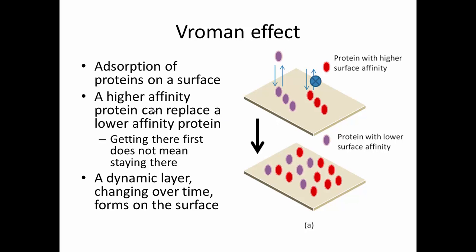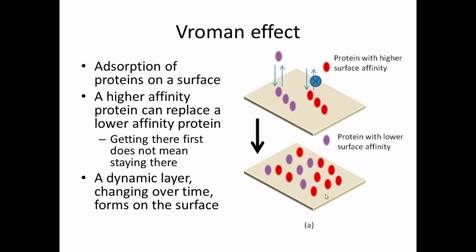So the higher affinity protein can potentially replace a lower affinity protein. Just because we bind a bunch of purple proteins first does not mean red proteins will not come in en masse and start dislodging some of the purple ones, because the red proteins are more attracted. So this will make the surface a dynamic layer that changes over time.